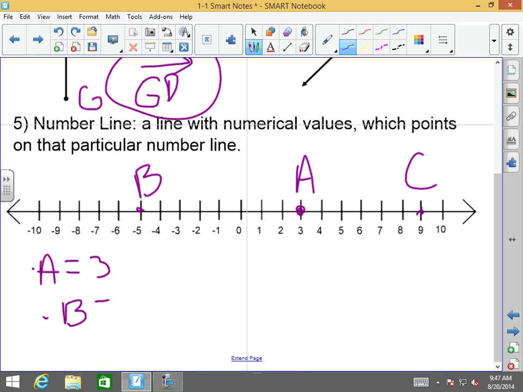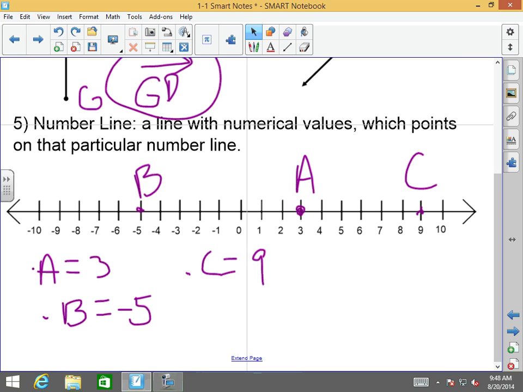Point B has a value of -5. Point C has a value of 9. A number line just gives you an exact location, kind of like a GPS. It lets you know where you're going. Very simple one. It lets you locate a particular point due to a particular numerical value. May I continue, gentlemen? Thank you.